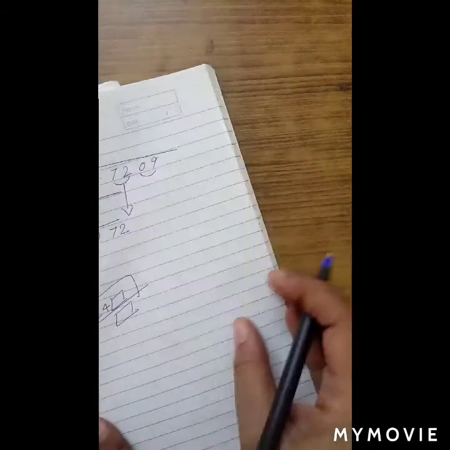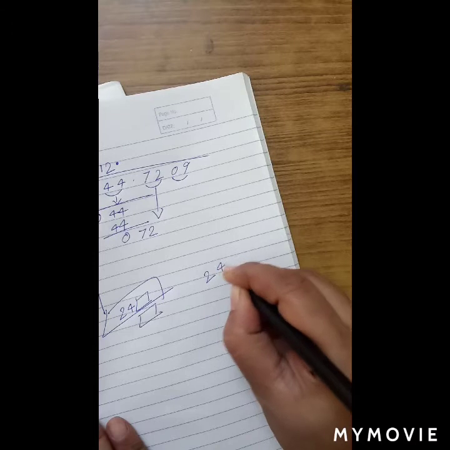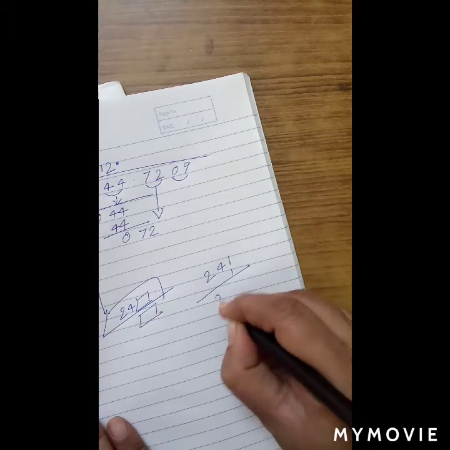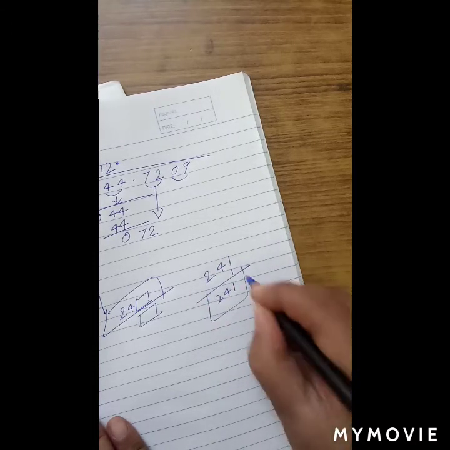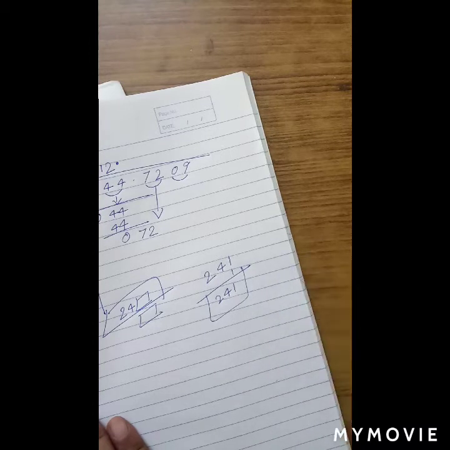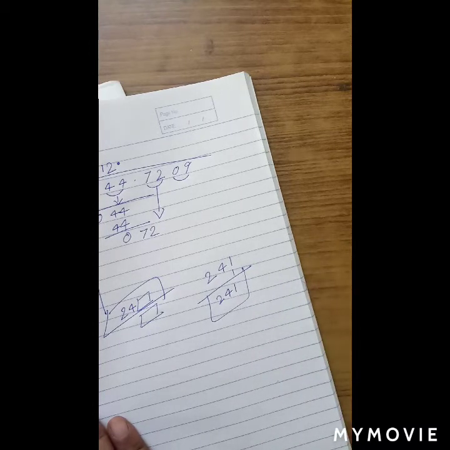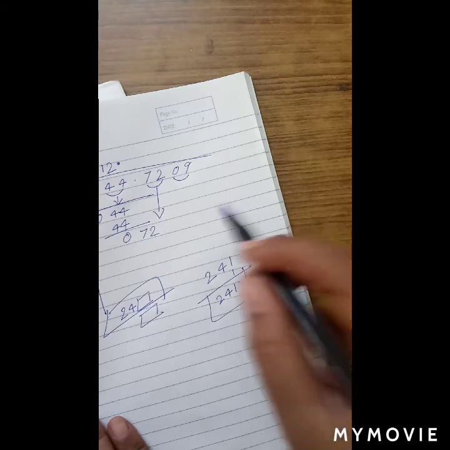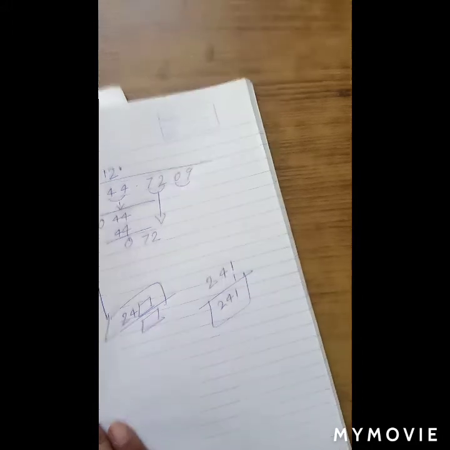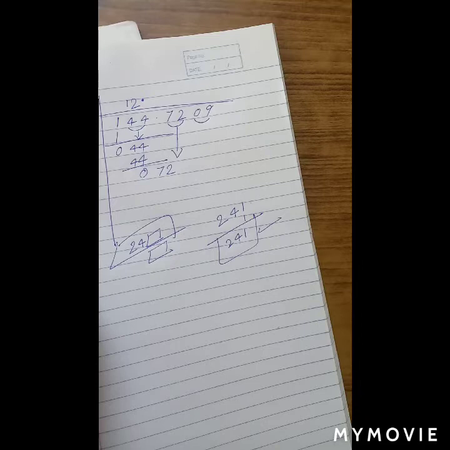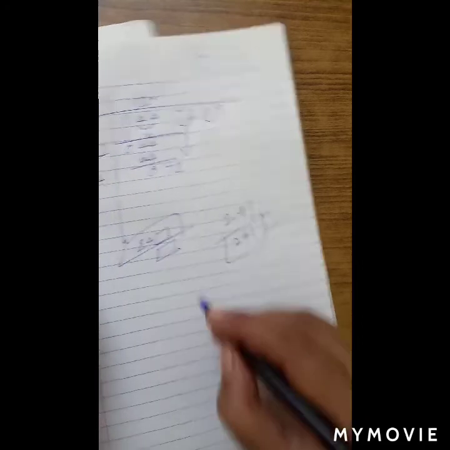Now, in this case, if we put 1 here, the result will be 241, which is far greater than 72. So we want a number less than 72.